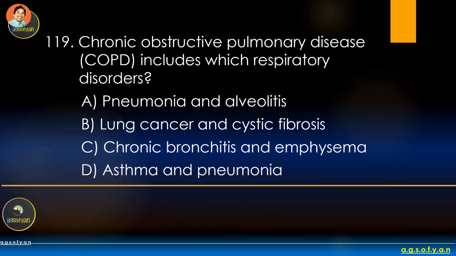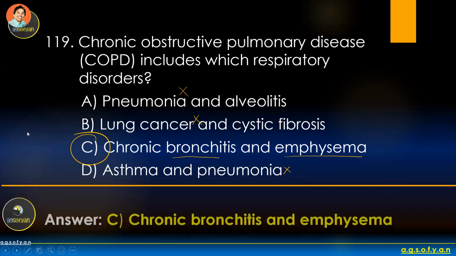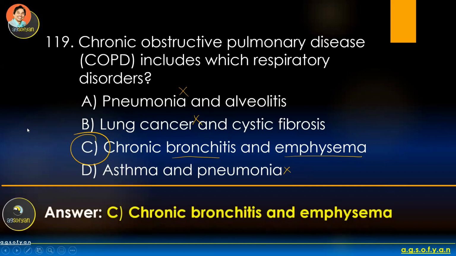Chronic obstructive pulmonary disease, or COPD, includes which respiratory disorder? COPD is related to bronchitis and emphysema. It is not pneumonia, it is not cancer. So the answer is chronic bronchitis and emphysema.